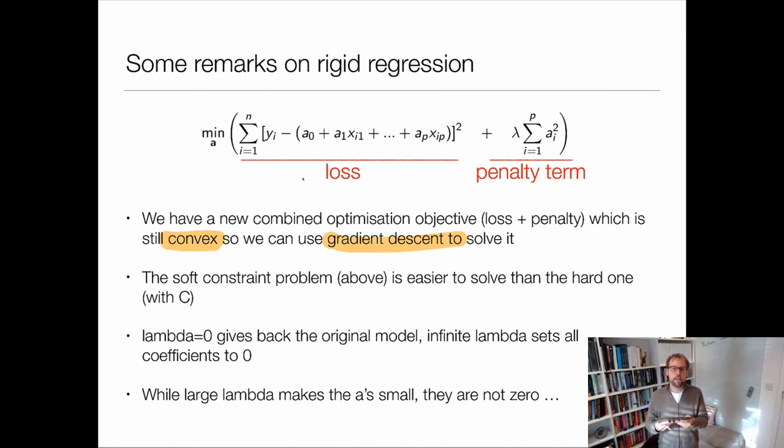And I also mentioned that this dual problem, which is sometimes called the soft constraint, and the one where I have an actual constraint like the sum being less or equal than C, that's sometimes called the hard constraint. So the soft constraint problem is easier to solve than the hard one, which is in terms of C. And I've also seen the relationship between lambda and C, where lambda equal to 0 is effectively equivalent to having no C. So it's the original model of linear regression, and if I set lambda to infinity, it effectively means I get rid of all coefficients.